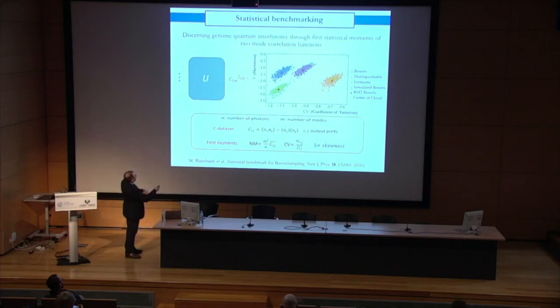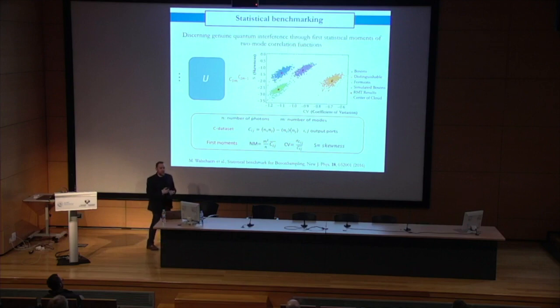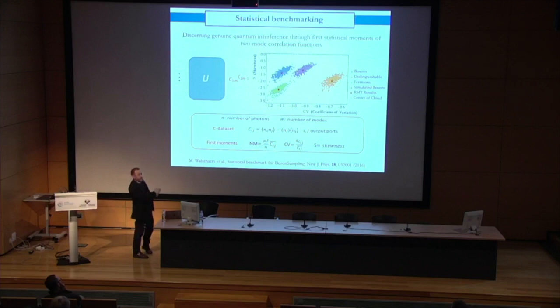To perform this task, you need to evaluate the statistical moments of 2-mode correlation functions. So you measure your output state and characterize the 2-mode correlation function, in particular in this case by exploiting the coefficient of variation and the skewness. What you can see here is that all the different points correspond to different dynamics with clouds in different spaces. So you can have some kind of classification of your different particles.